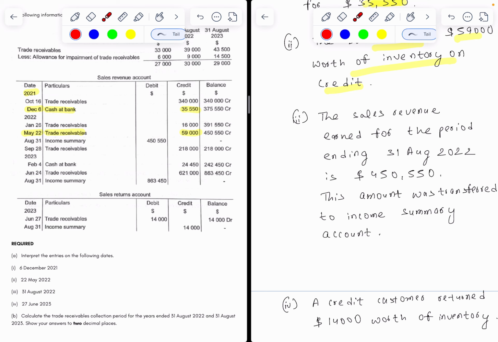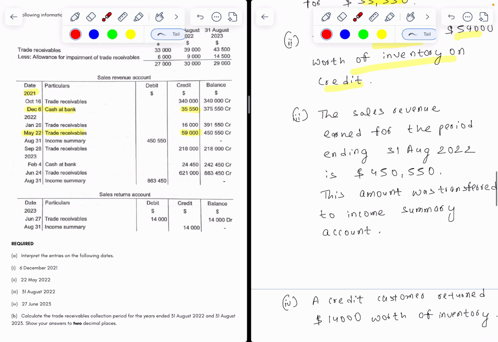So what we write when we want to interpret is that the sales revenue earned for the period ending 31st of August 2022 is $450,550. This amount was transferred to income summary account, which means that essentially when you prepare the statement of financial performance or the income statement, you will show the amount for sales revenue at the beginning, and that is going to be $450,550.